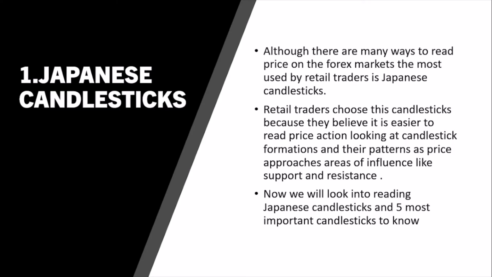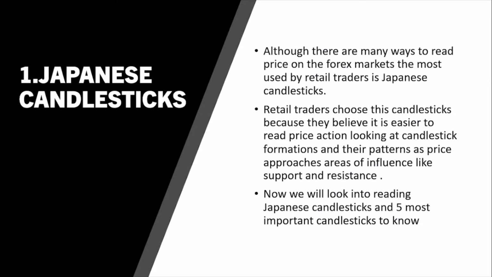These are psychological levels, the levels that you're going to be looking at, expecting a certain reaction when price reaches them. So it is easier to read price action looking at Japanese candlestick formations.